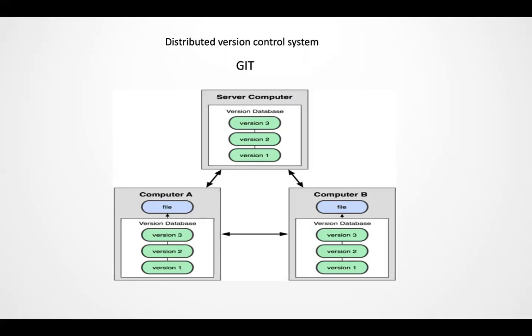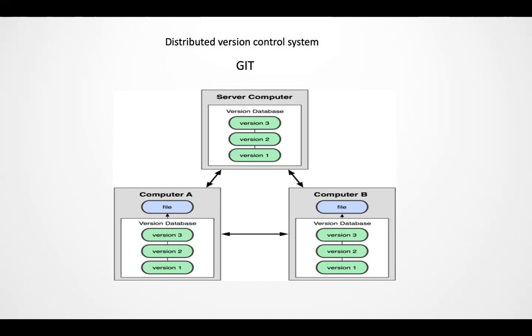But in this case now, if the central server goes down, or if the central server gets corrupted, we still have the entire history, the entire repository on local developers' machines, and whoever is our favorite developer, we can use his machine and refresh our central repository.